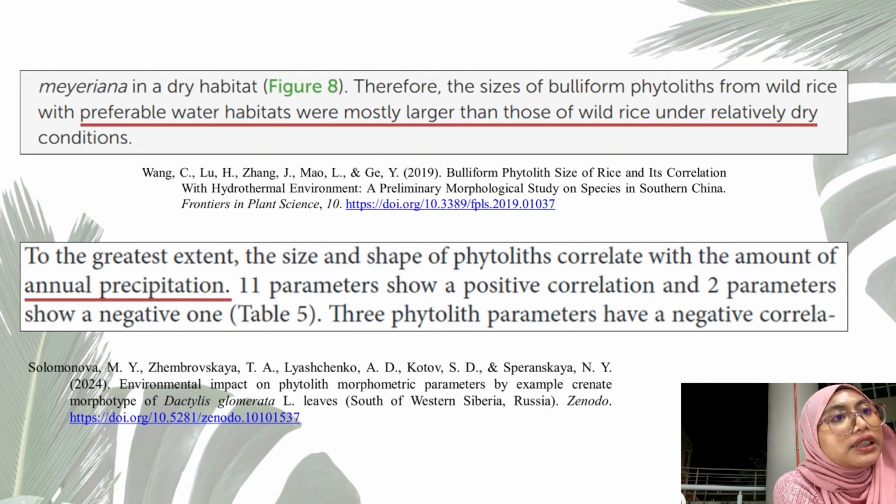For example, there are studies about the sizes of bulliform phytoliths from white rice, where these plants prefer water and wet habitats rather than relatively dry conditions. This is because they found that the phytoliths from the water and wet habitats are mostly larger than those of white rice under relatively dry conditions.